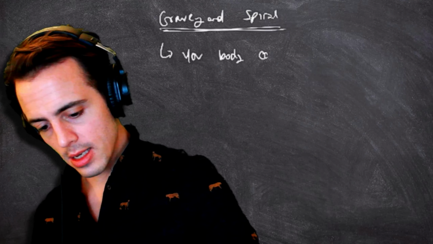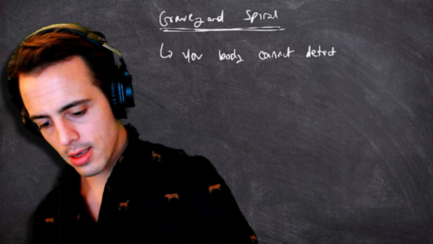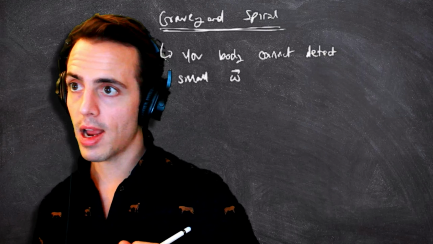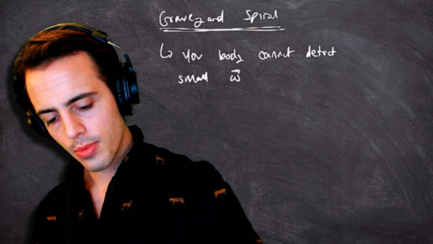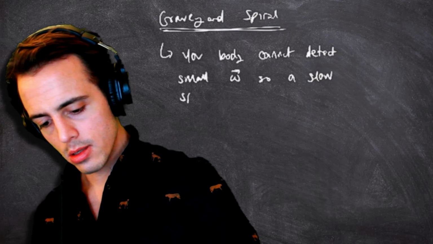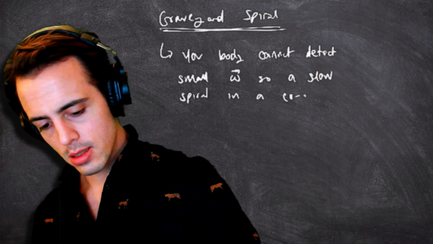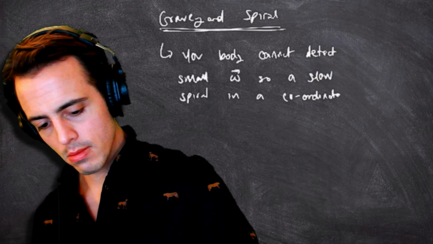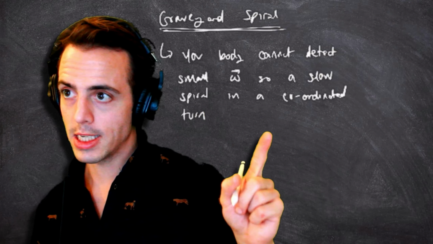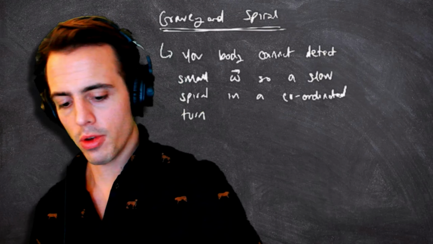So your body cannot detect small angular rates. So a slow spiral in a coordinated turn will be undetectable by the pilot if they're not looking for visual cues.